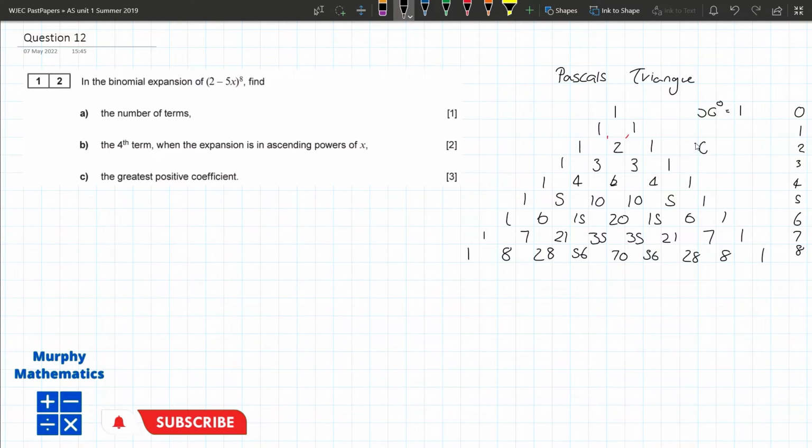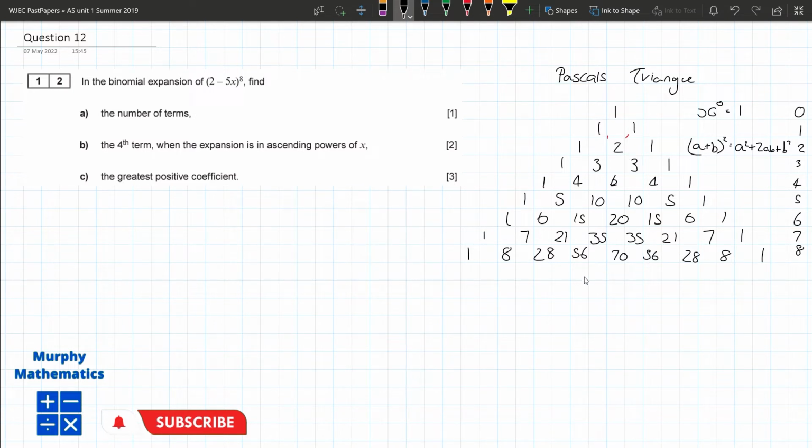My second check is (a + b)^2, which is a^2 + 2ab + b^2, and you see how they have the same coefficients, 1, 2, 1.